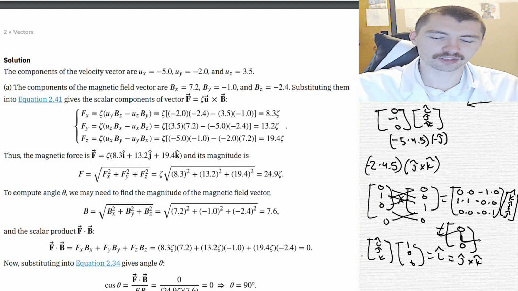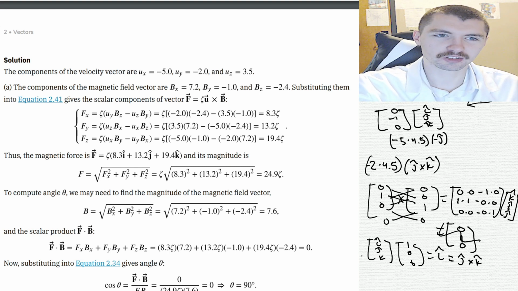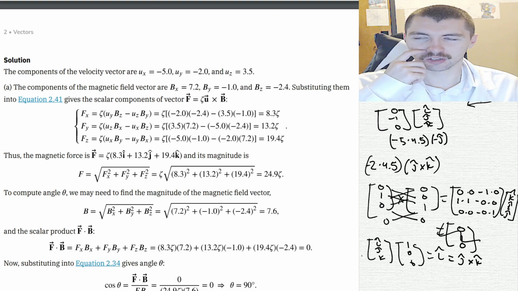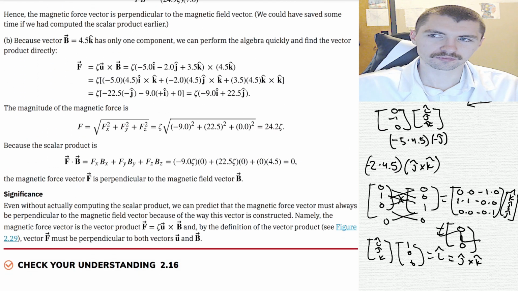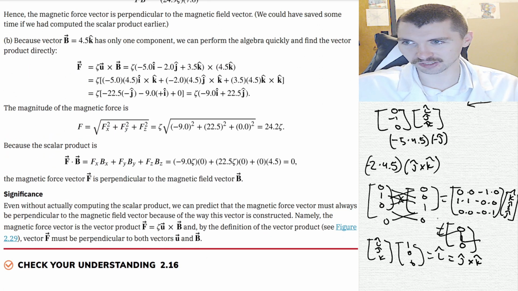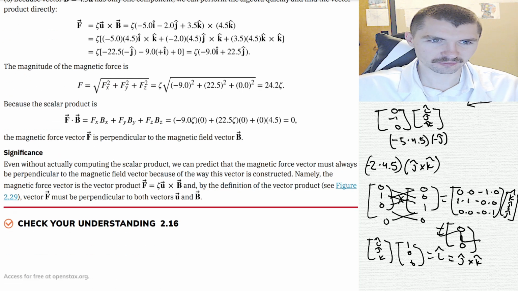You have to memorize like y, z minus z, y for the x, then z, x minus x, z for the y. I don't know, this seems easier, even though you have to do all this extra work. This makes more intuitive sense to me.